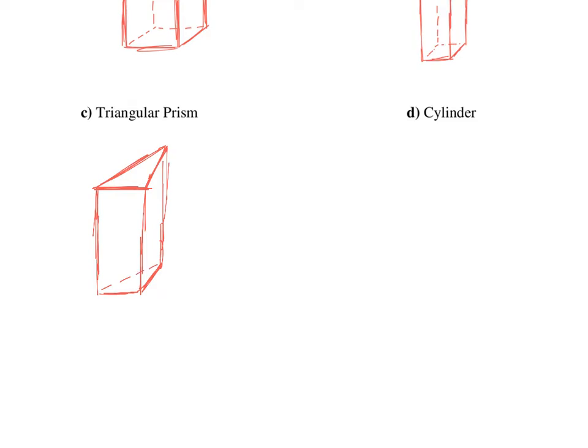I'm going to draw a different triangular prism as well. There's the equilateral triangle, or somewhat of an equilateral triangle. Then I'm going to draw these lines going back here, and then draw that line diagonally.